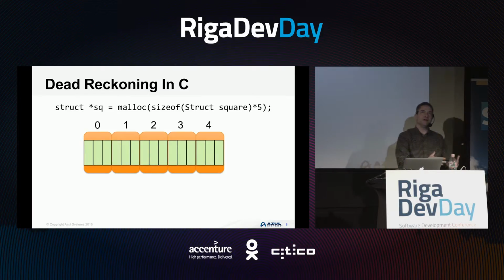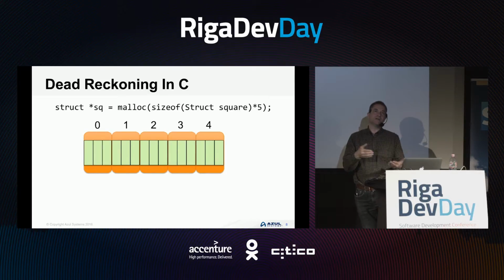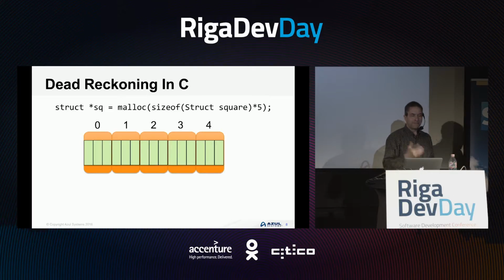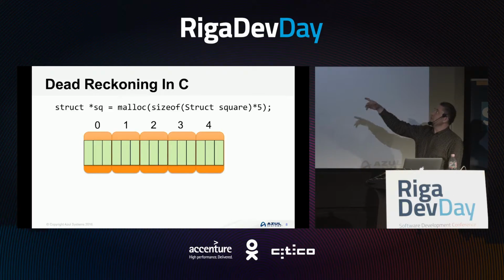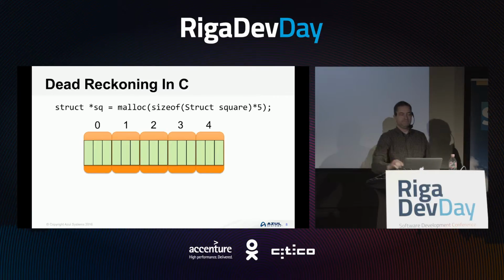I don't have the idea of a new operator, so I need to allocate some memory using malloc and create a pointer to that, which I can then use to reference an array and index into it. Here I'm creating an array of 5 elements, and if I look at them in memory, they'll all be contiguous.